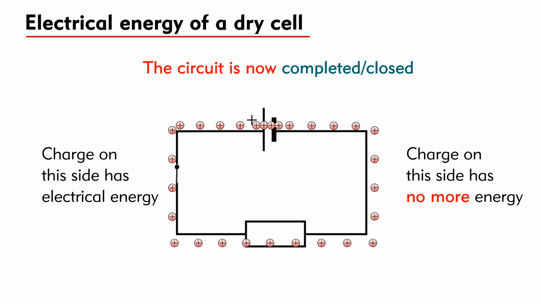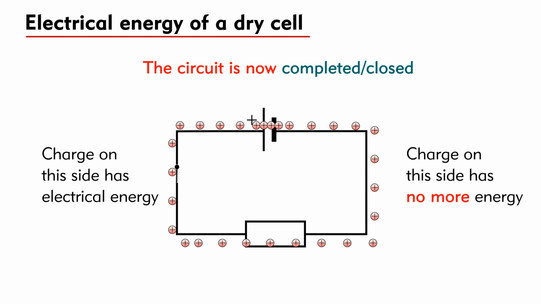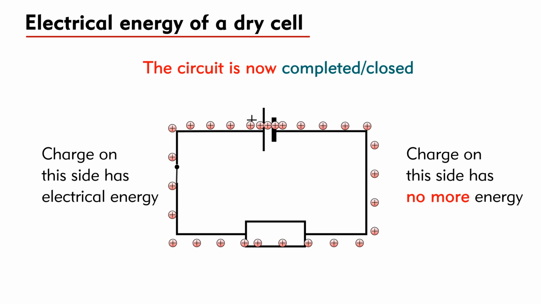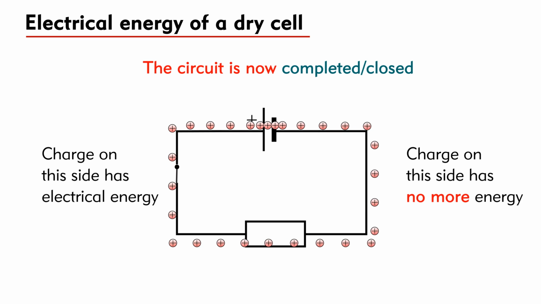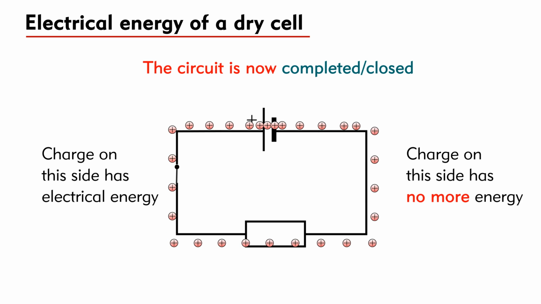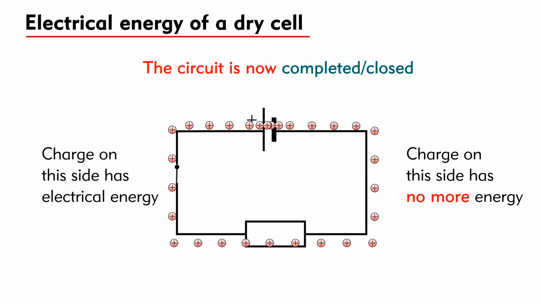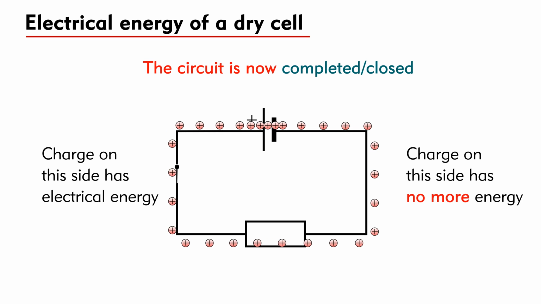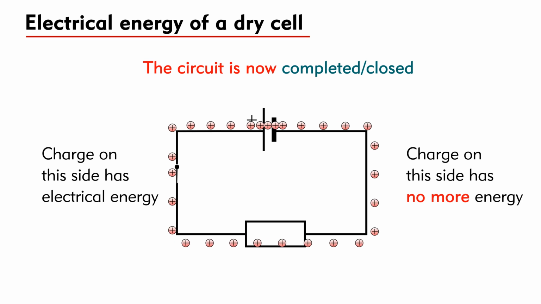In other words, this charge carries electrical energy. When this charge passes through the electrical devices, it gives up its electrical energy and delivers the energy to the electrical devices. The electrical device then converts the electrical energy into other forms such as light and heat. As soon as the charge leaves the electrical device, it has no more electrical energy. But when it passes through the cell, its electrical energy is replenished.